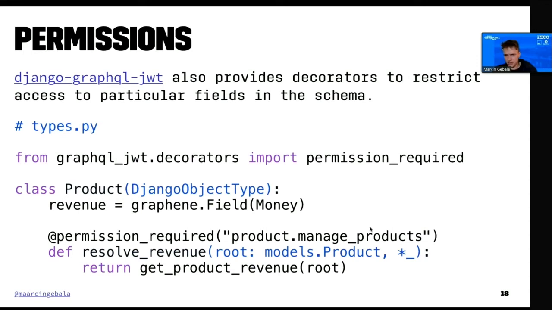We are using the standard Django permissions framework for those permissions. So this library gives us the permission required decorator, and we can use it to decorate our resolvers. If we add this decorator here, when the token is passed to the API, Graphene will check if the user has this permission and will only return data if they have it.